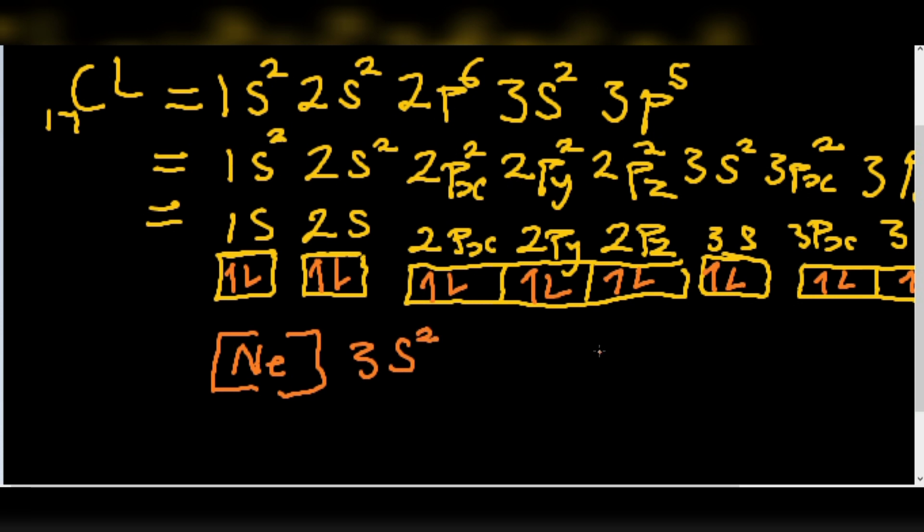And we know that the 3p took 5 electrons. You can see that the 3s took only 2, and then the 3p took only 5. So we indicate that also there, 3p5. So this is the configuration of chlorine using the neon core, and it is accepted. Kindly let's take note of that also.